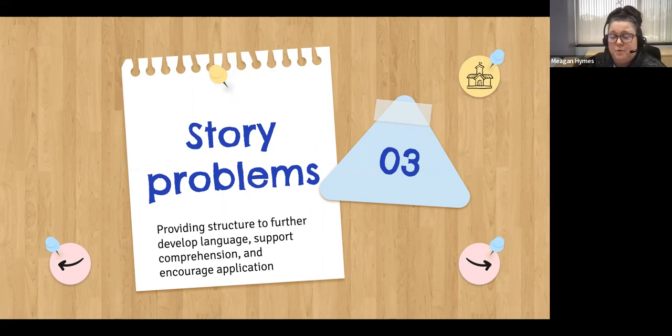So story problems, at least for me in the classroom, I'm always playing with different ways. Students see the words and then they're like, oh my gosh, I can't do this, or I didn't know what it asked me, or I don't know what it wants, or I didn't realize I had to look at a chart.